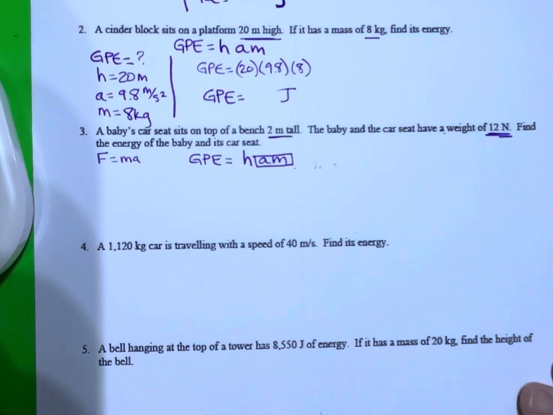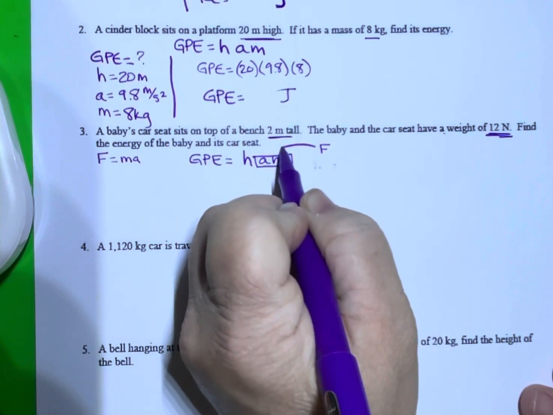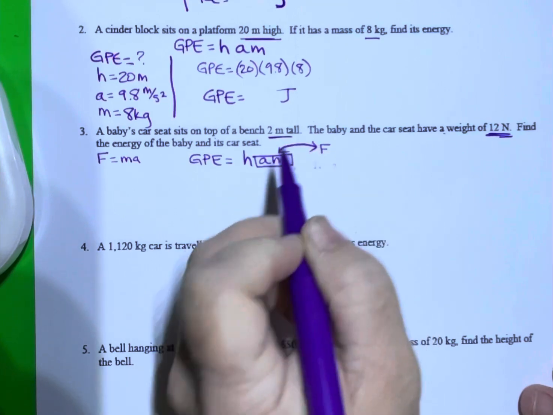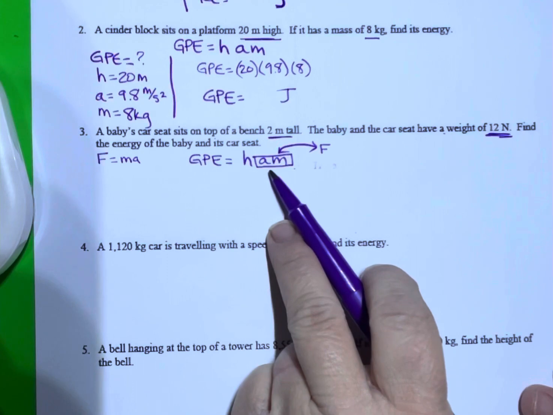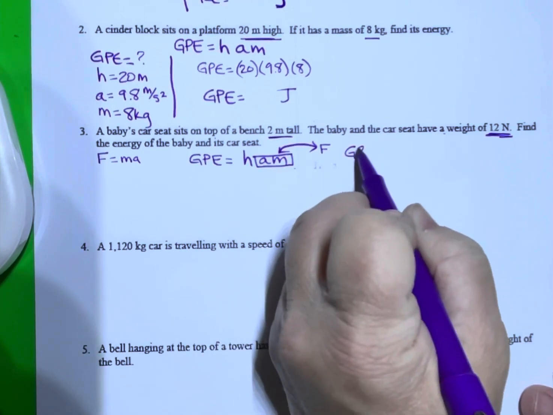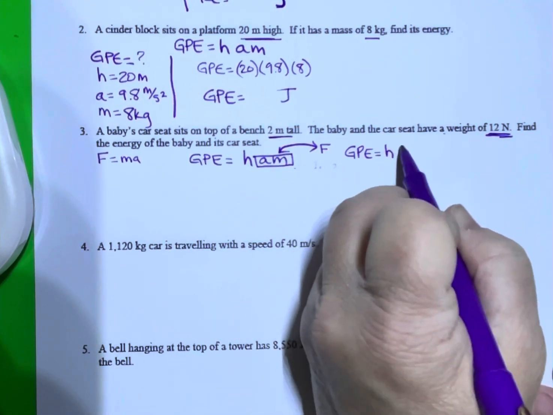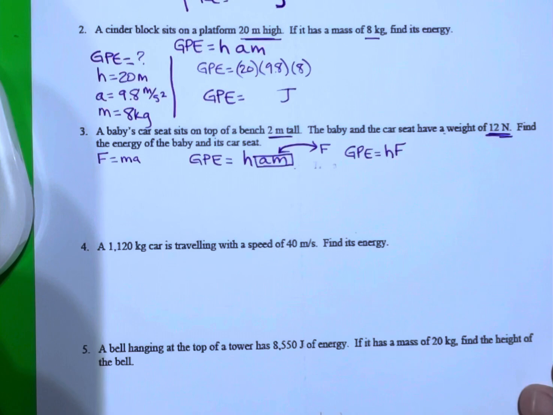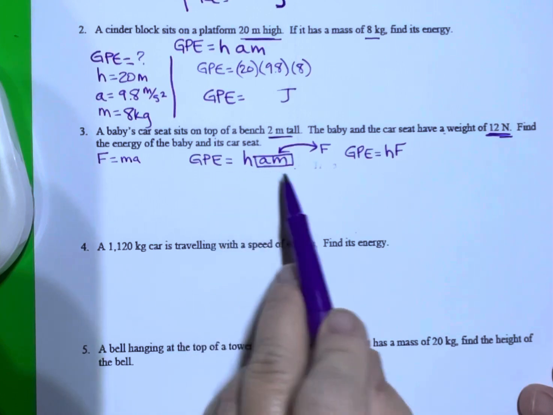So what we're going to do is take the force and substitute it right here in our formula for mass times acceleration. That gives us kind of a new formula: GPE, gravitational potential energy, is equal to the height times the force. But I want you to realize these two formulas are really the same thing.